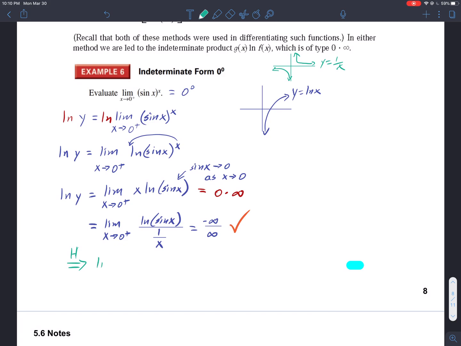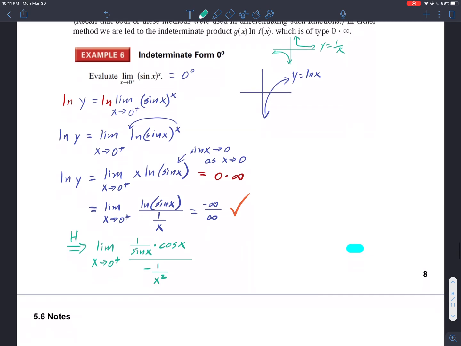L'Hopital's rule says the limit as x approaches 0 from the right of 1 over the input, 1 over sine, times the derivative of that input, derivative of the sine is cosine, over the derivative of 1 over x, which is negative 1 over x squared. It's about the third time we've done it now in these notes.